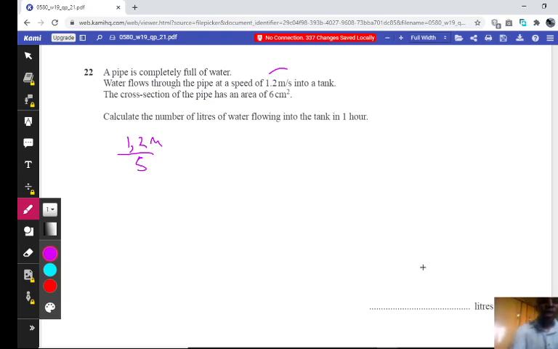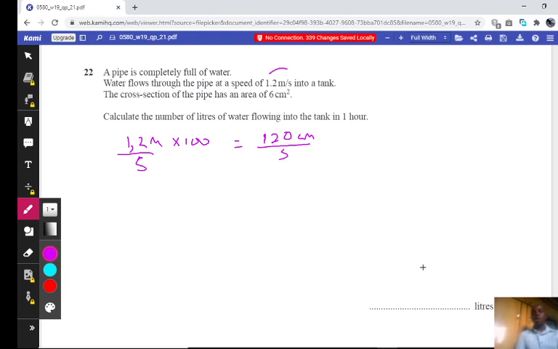What you can do is convert this into centimeters. You multiply by 100, so it will be 120 centimeters per second.